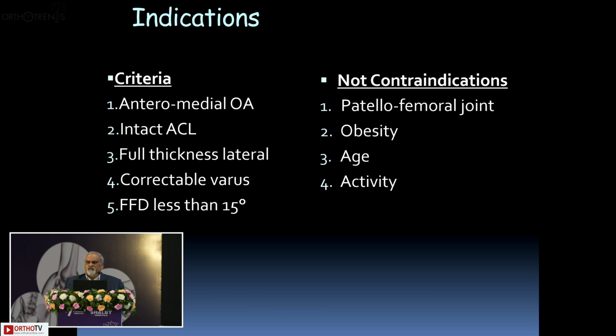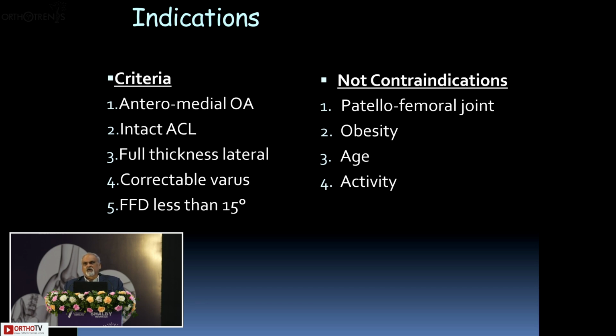So some of the contraindications which were there earlier are no longer considered. Patellofemoral joint involvement is relative. Perhaps lateral involvement of the patellar facet is an absolute contraindication, but symptomatic patellofemoral involvement, where the patient complains of pain while descending the stairs or getting up from the sitting position, is perhaps a relative contraindication.